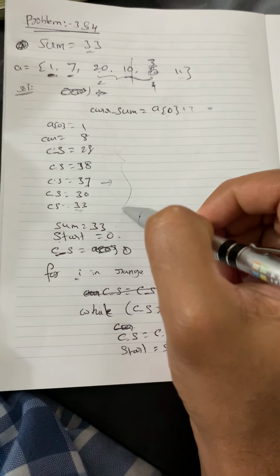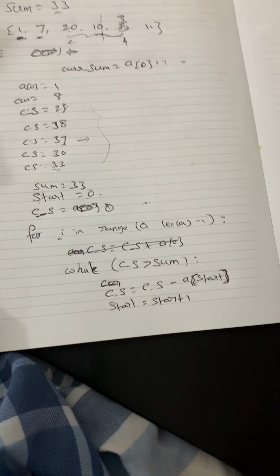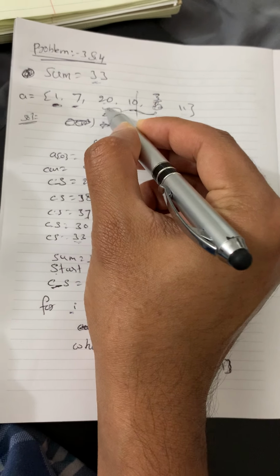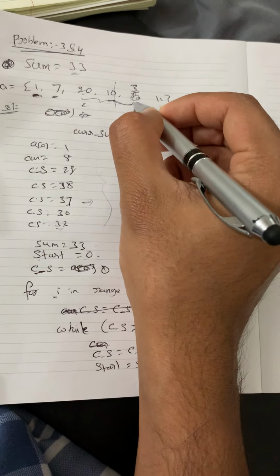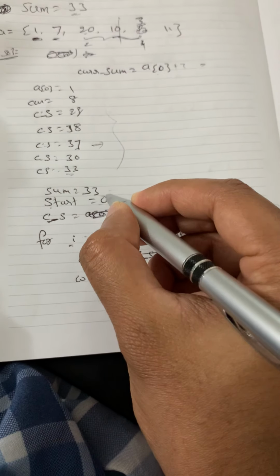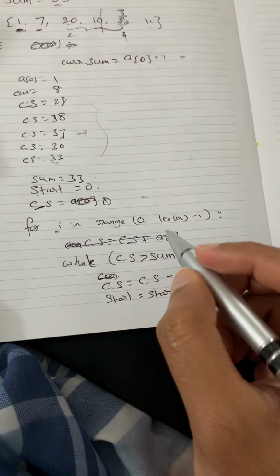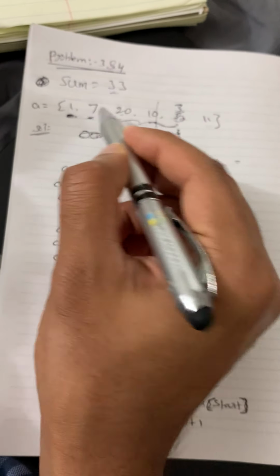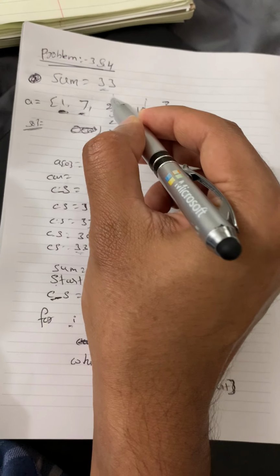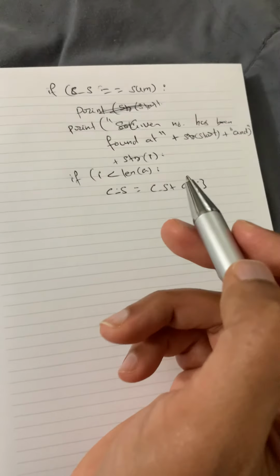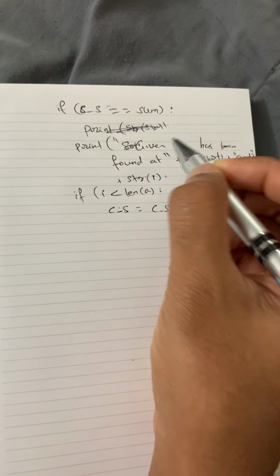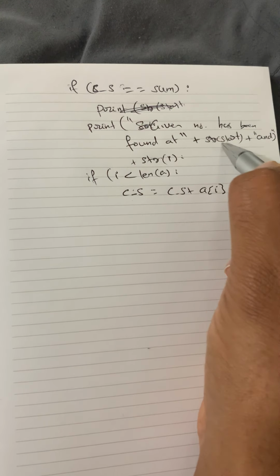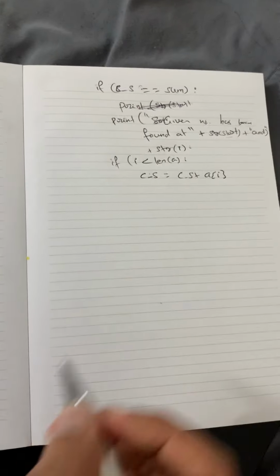So it just processes through this condition, and once it reaches 33, the start is already incremented twice, because we already deducted these two elements. So now start is at number 20. So we are returning given number has been found at string of start.